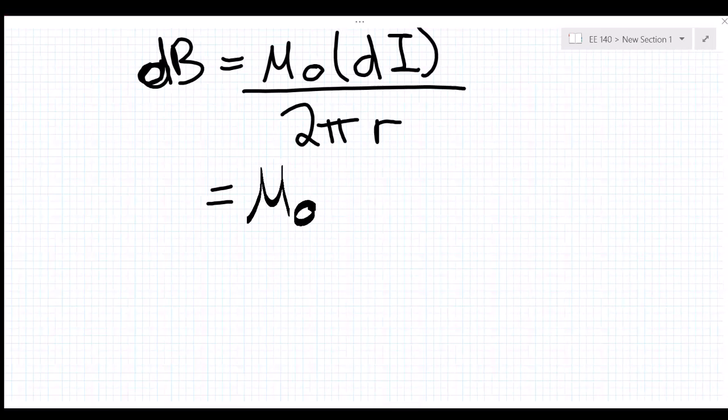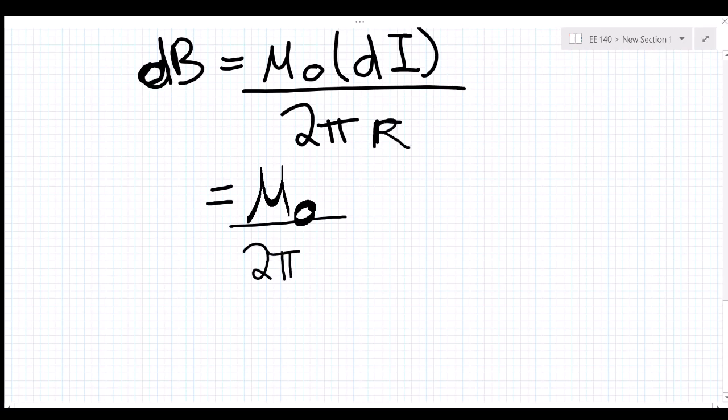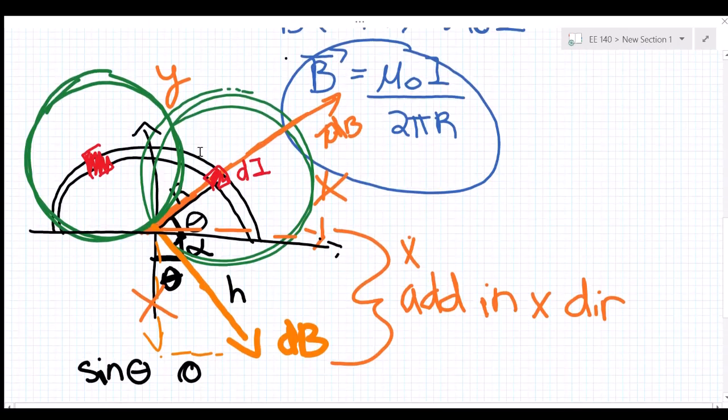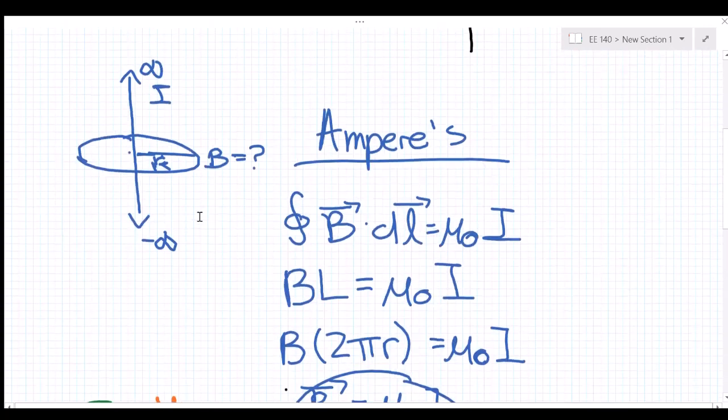So mu naught over 2 pi, and we change the r because it's capital R. We define it as capital R.